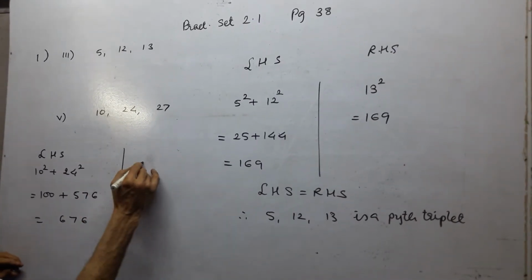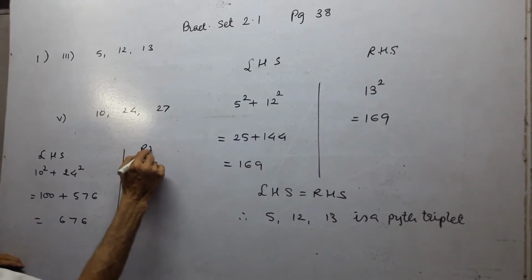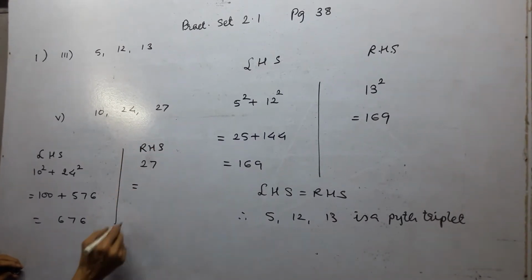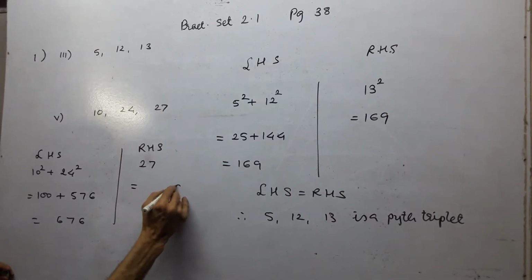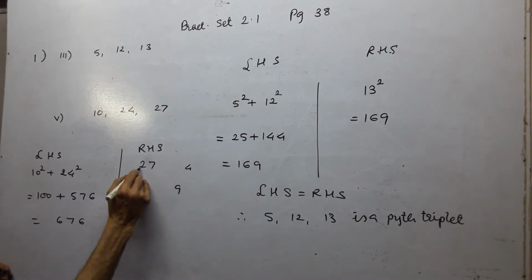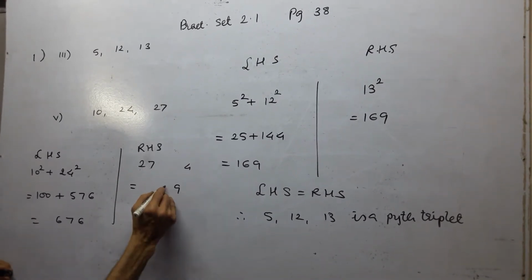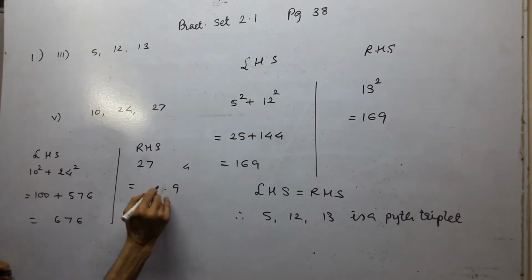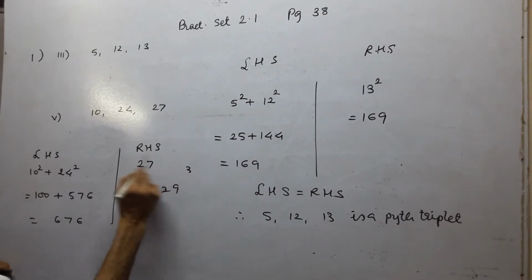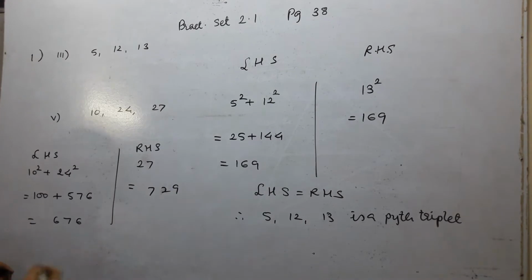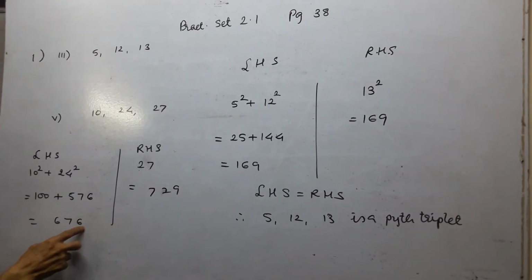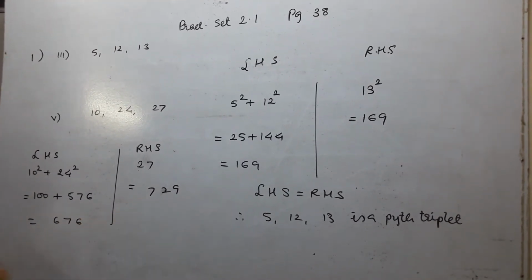Then let us take the square of 27, the right hand side. The square of 27 is 729. So here 676 and here 729, they are not equal.